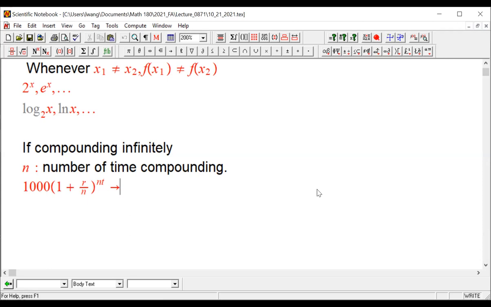About 50 years. Okay, so you have $1,000, right? You put it in for 50 years, so t is 50 years. Okay, how much money do you think you're going to get from the $1,000 deposit? Definitely not infinite, right?